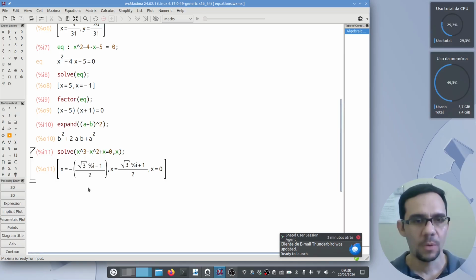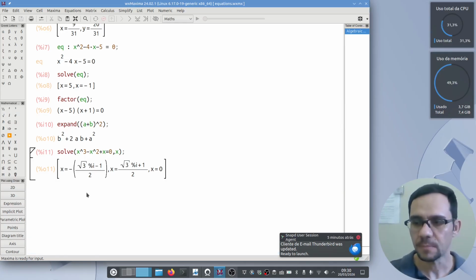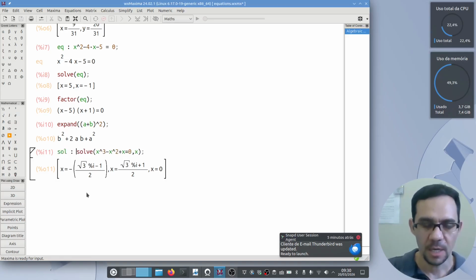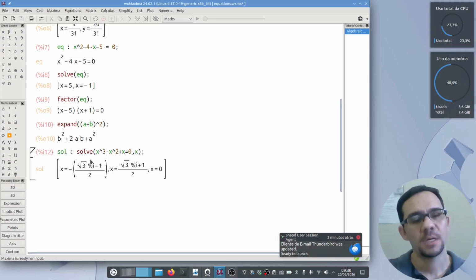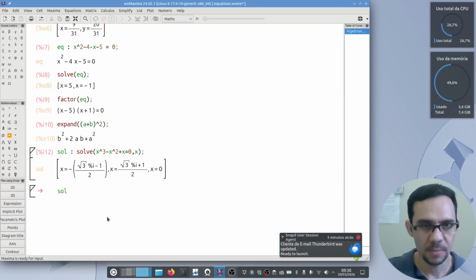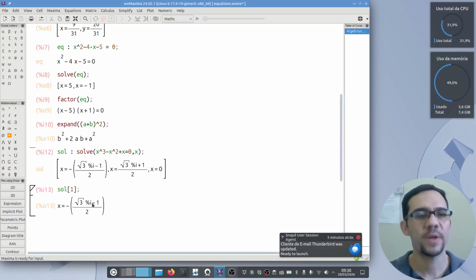For example, let me put these solutions in a list. So we can see that when Maxima solves an equation, it puts the solutions in a list. And for example, if I want to select the first solution, I can make this. So this is how we get specific elements of a list. We have seen this in the video where I talk about lists. I will leave the card here.